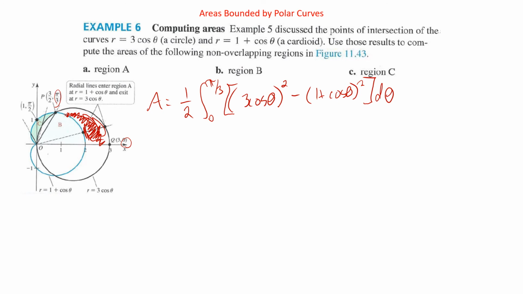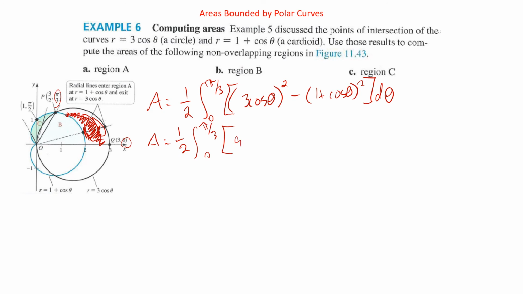And then we're going to solve this. We're going to find the antiderivative. So A equals 1/2 times the antiderivative from 0 to pi over 3. I would start by multiplying out.